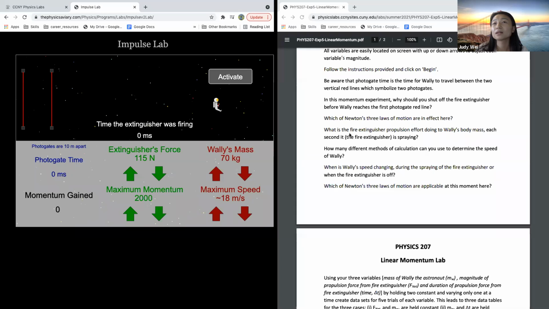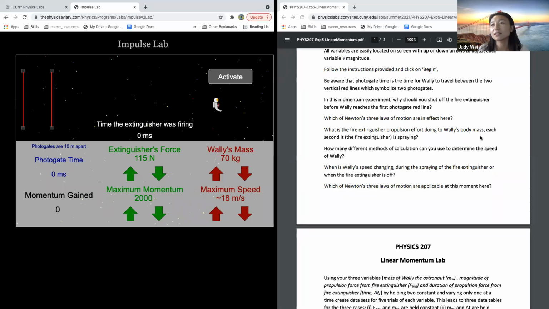And next one, what is the effect of the flare extinguisher's force on Wally's body mass? Basically, the flare extinguisher force on Wally's body is like pushing, right? So when the flare extinguisher pushes Wally, Wally starts moving.